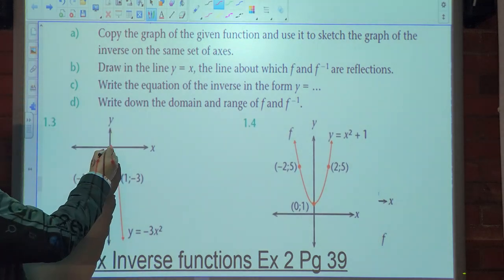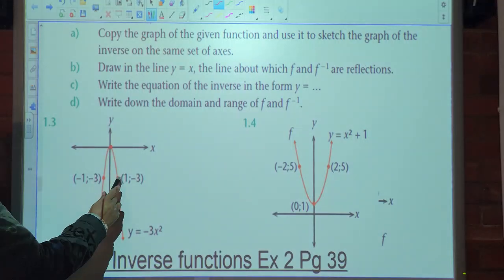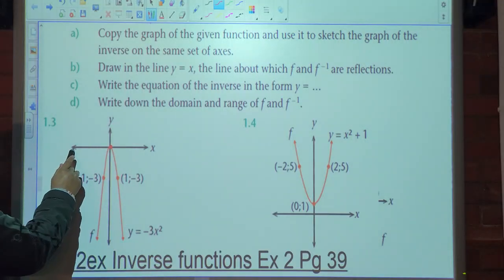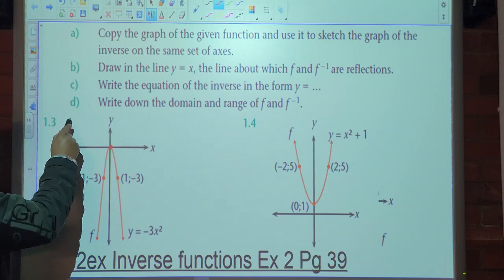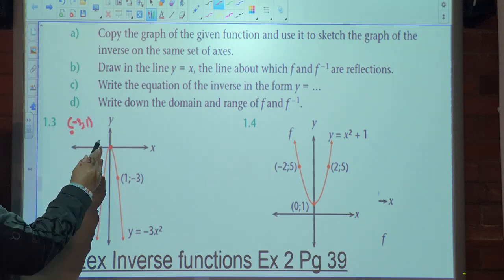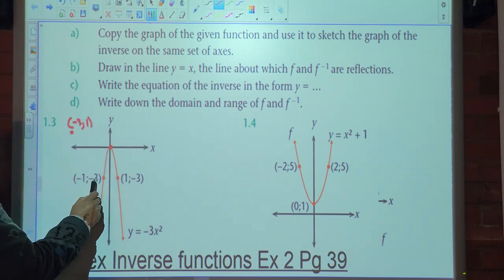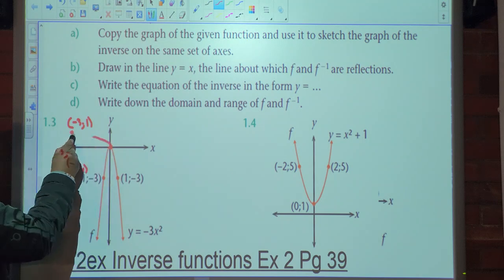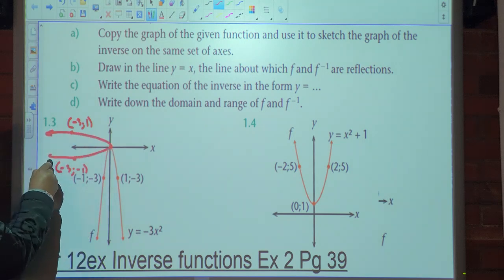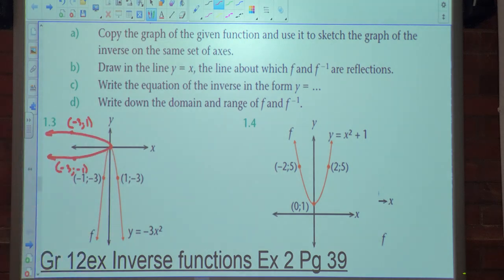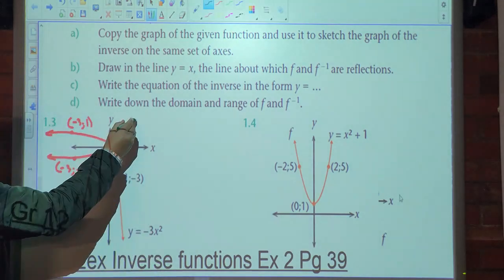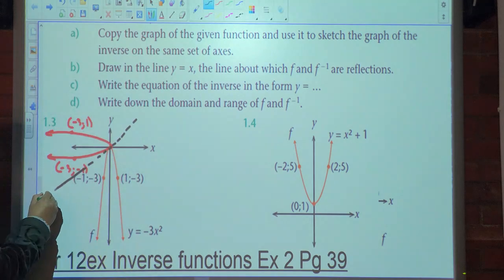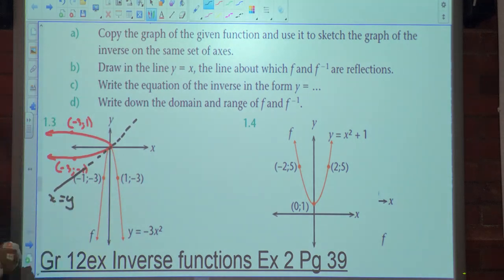So (0, 0) remains (0, 0). (1, -3) becomes (-3, 1). And (-1, -3) becomes (-3, -1). So we draw the inverse. Draw the line y is equal to x, and it will go through here. Okay.